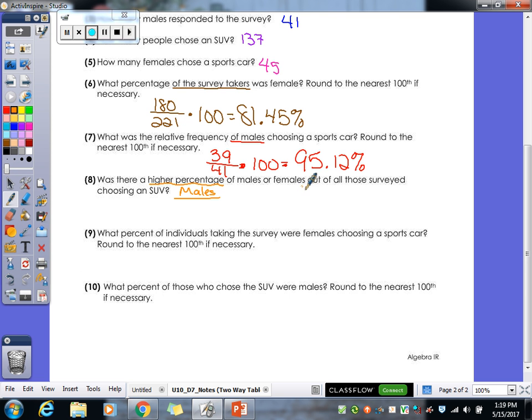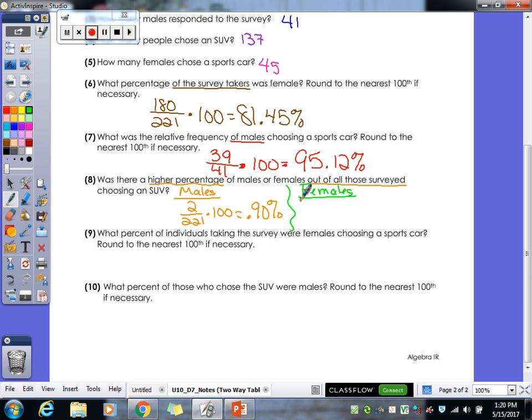So for the males, again, this is out of all those surveyed, so this is out of 221. How many of those 221 were males that chose an SUV? 2. So 2 divided by 221, and then times 100. So we should get 0.90, right? Yep. Now we'll do females.